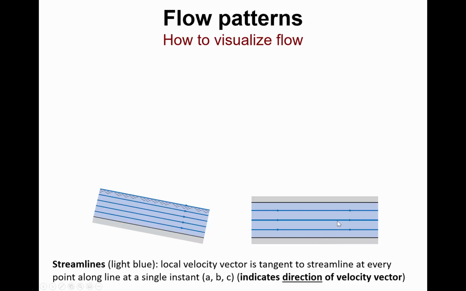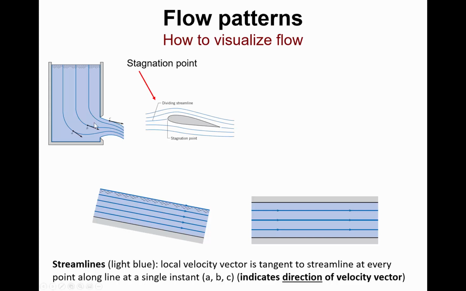And similarly, the streamlines only give the idea of the direction, but we can't tell by looking at the streamlines whether the velocity at the center of the pipe is a lot faster than it is at the edge of the pipe. Conceptually, we think that's the case because of the effect of pipe friction, but the streamlines don't give an idea of magnitude, only the direction.